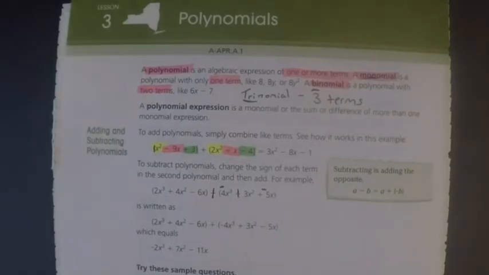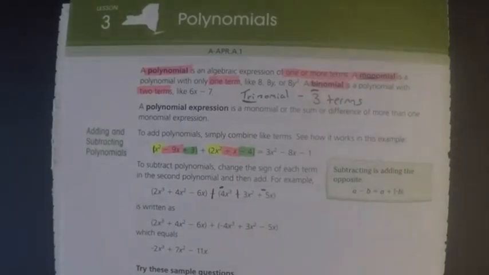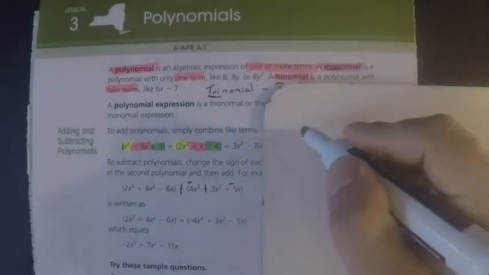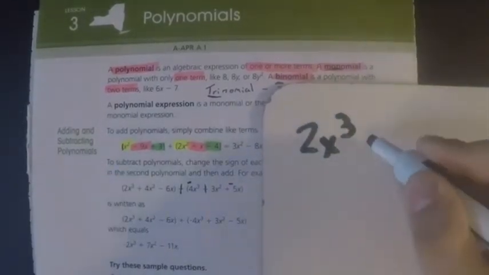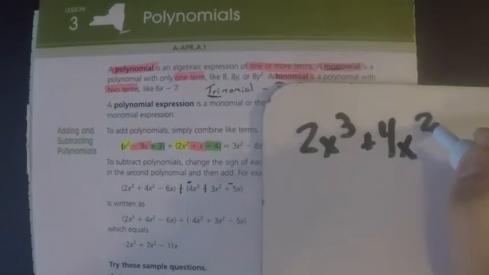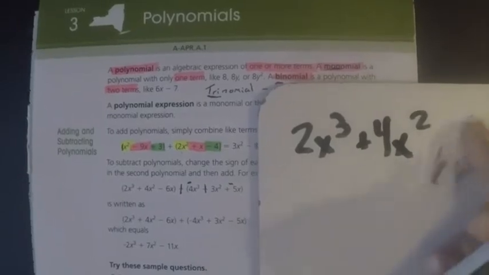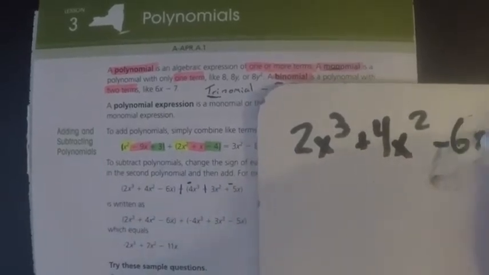So once we have it written like this, we can do what we did before, where we combine our like terms. So if I write it over on the side here, we have 2x to the third plus 4x squared minus 6x.